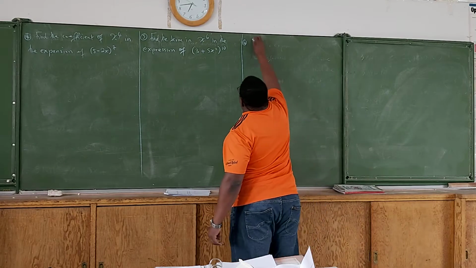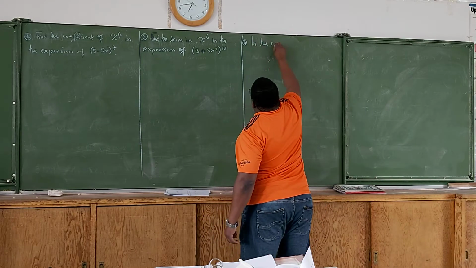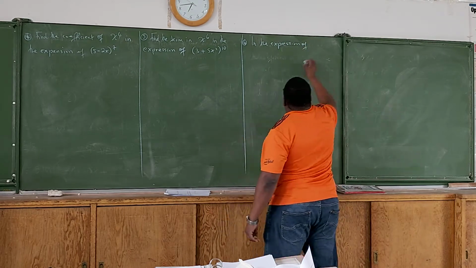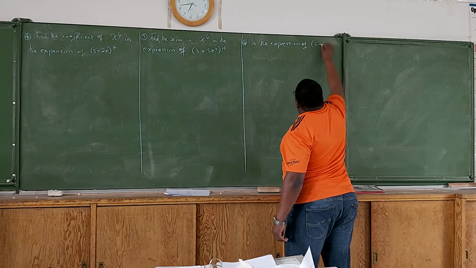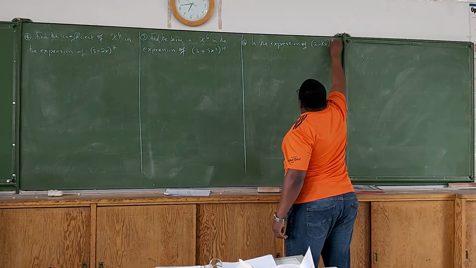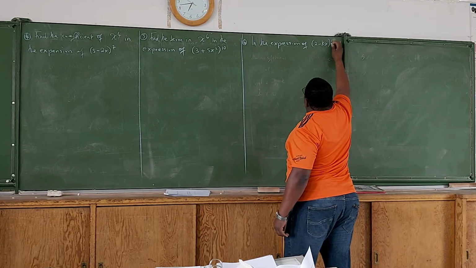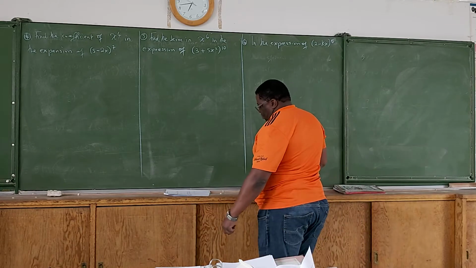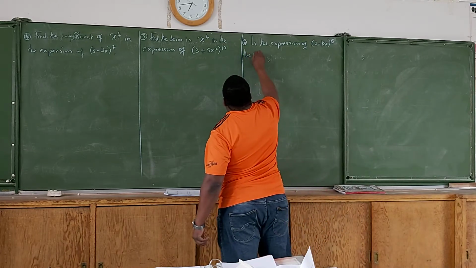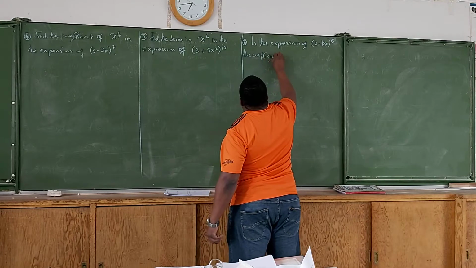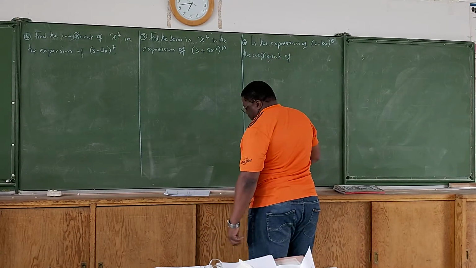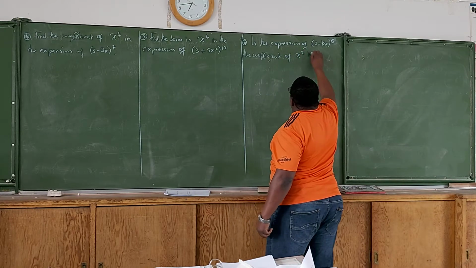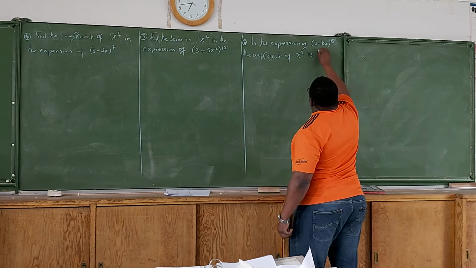In the expansion of (2 minus kx) raised to the power of 5, the coefficient of x squared is 4 times.